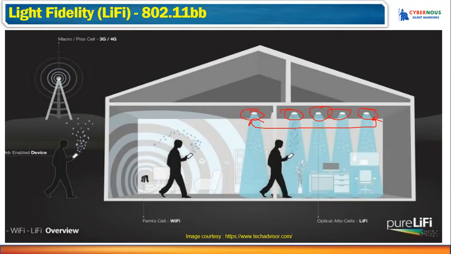It can also be available through an LED bulb. The light coming out of your LED bulb can be used for transmission of signals, so we are able to contain it within a particular area. This is a new technology which you need to understand.